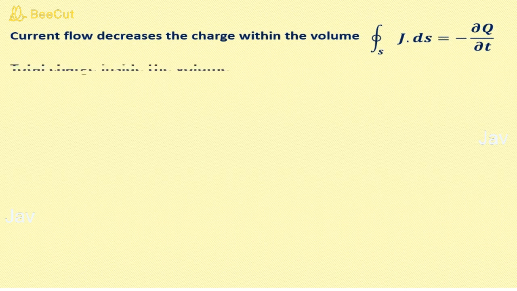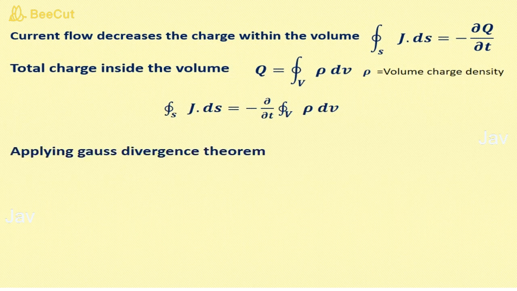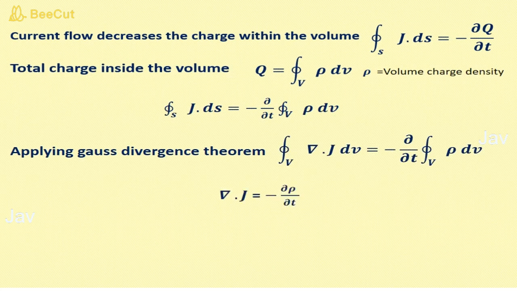The total charge inside the volume q equals the integral over v of rho dv, where rho is the volume charge density. Therefore, we can write surface integral J dot ds is equal to minus dou by dou t of the volume integral of rho dv. Applying Gauss divergence theorem, converting the surface integral to volume integral, we get volume integral of del dot J dv is equal to minus dou by dou t of volume integral of rho dv, or del dot J is equal to minus dou rho by dou t.